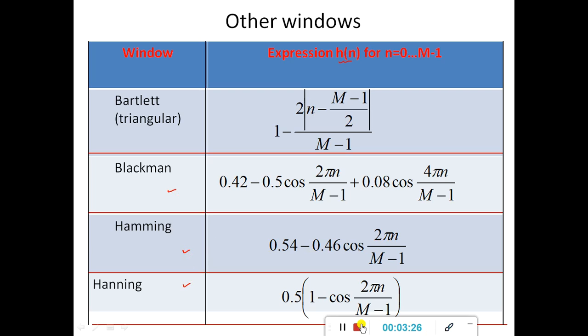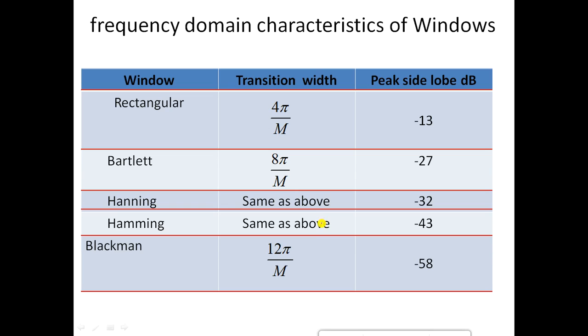If you observe carefully, Hamming and Hanning are almost the same: the Hamming window is 0.54 minus 0.46 cos 2 pi n by M minus 1, whereas the Hanning window is 0.5 minus 0.5 cos 2 pi n by M minus 1. So instead of 0.46 as in the Hamming window, in the Hanning window we take 0.5. Examination problems will most of the time appear on the Hamming or Hanning window, so of course you need to remember this formula to solve the examples.